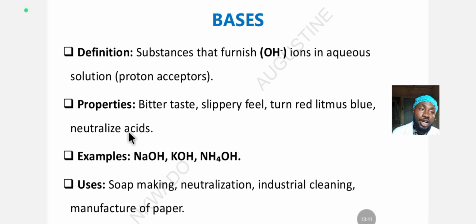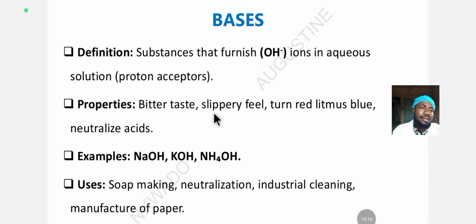Now let's understand the difference between a base and an alkali. Both of them are different too. They are closely related, but there's a slight difference between the two of them. A base is any substance that furnishes hydroxide ions in an aqueous solution. It is also a proton acceptor, or hydrogen ion acceptor. That's that for base. Then alkali is a basic hydroxide which does what?